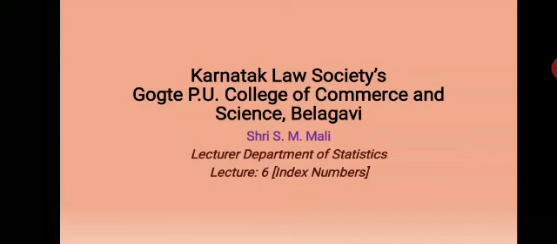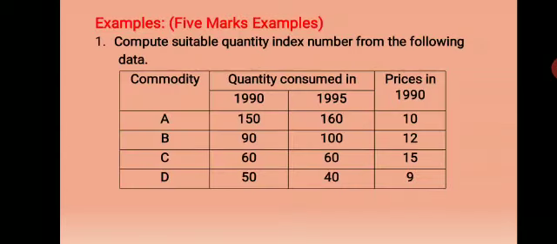In the previous lecture, we solved examples on price index numbers. Here we are going to solve examples on quantity index number and value index number. Today's first question is: compute a suitable quantity index number from the following data.